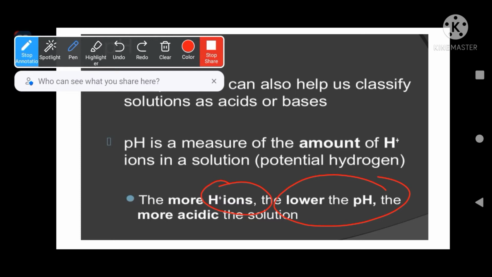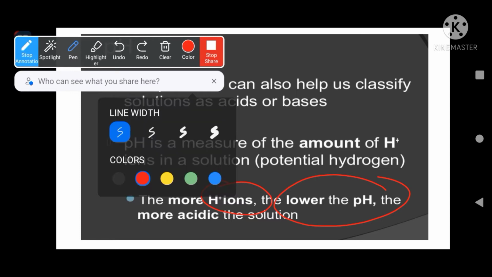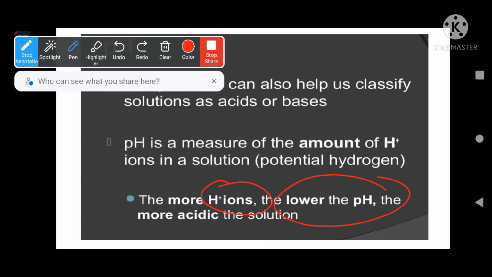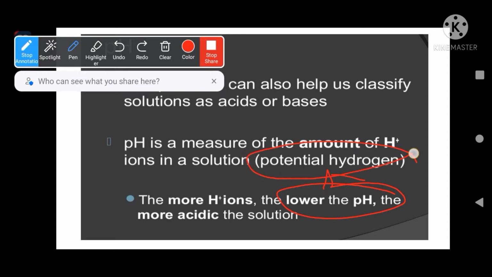When the pH of that solution is lower, the H plus ion concentration, meaning the potential of hydrogen ions, is higher, and the solution is more acidic.